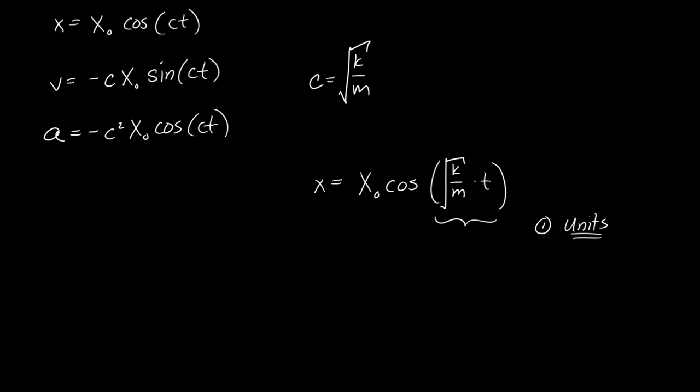We are multiplying our constant times a time. So the units have to be radians per second. You should prove that. The units for the spring constant are newtons per meter, and the units for mass are kilograms. You should prove that that works out to be something per second. It's the only way this works.